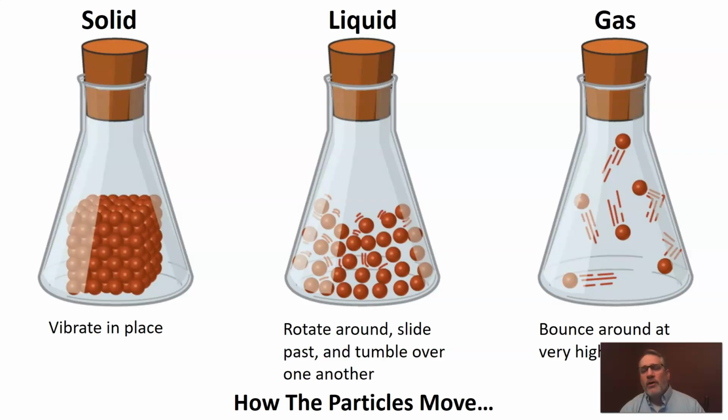These particles can move at over 1,500 miles per hour, and they just bounce around at really high speeds. So vibrate in place is what solids do, rotate around, slide past, and tumble over each other is what we're going to find for liquids. And these gas particles are just bouncing around at very high speeds.